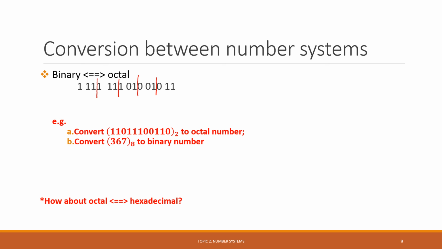Then we convert every 3 bits to an octal number. So 011, 3; 001, 1; 101, 5; 111, 7; 111, 7. So the octal representation of this binary is equal to 775113.